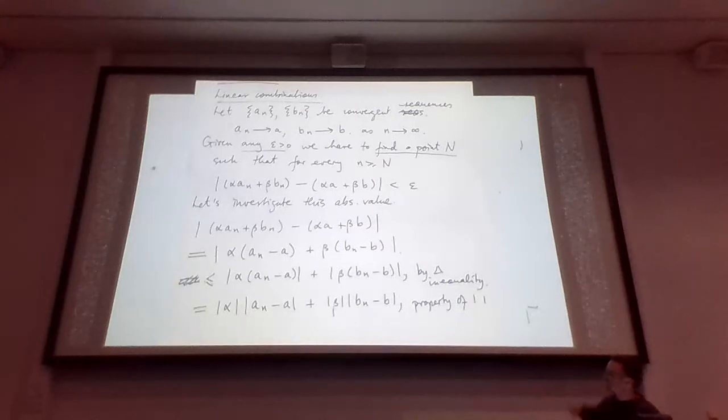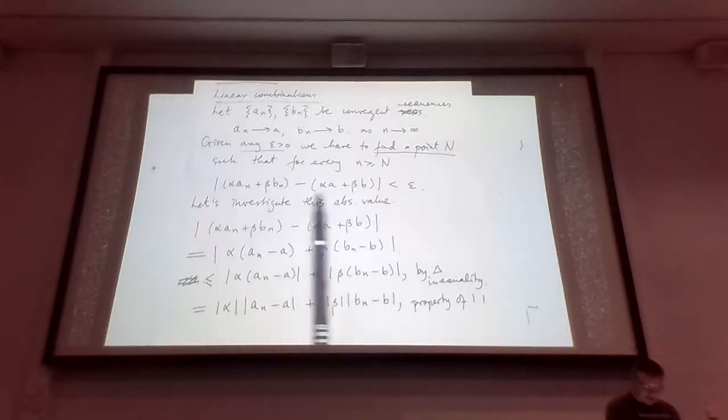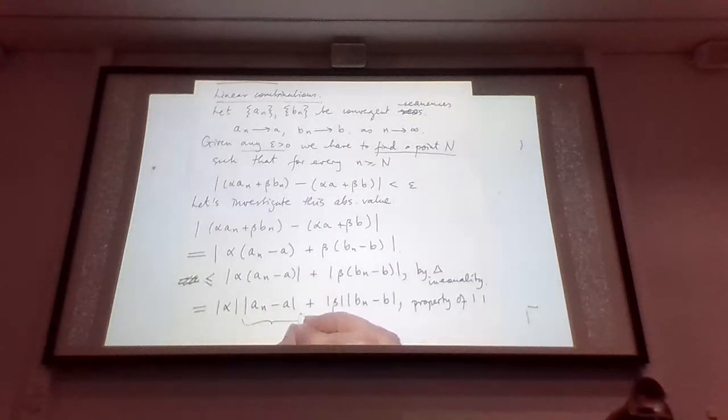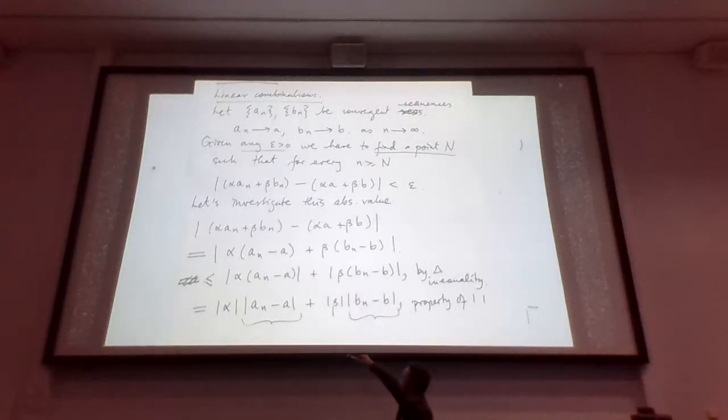Okay, why have we done this investigation? Why have we said that the absolute value we're interested in is less than or equal to this expression here? Crucially, inside this expression, you see the absolute value of an minus a and the absolute value of bn minus b: the distance of the sequence elements an from their limit and the distance of the sequence elements bn from their limit.